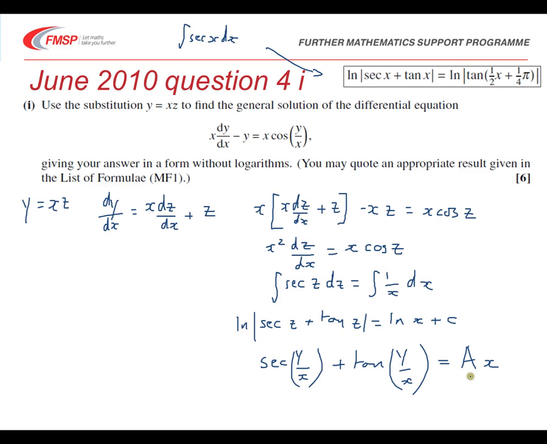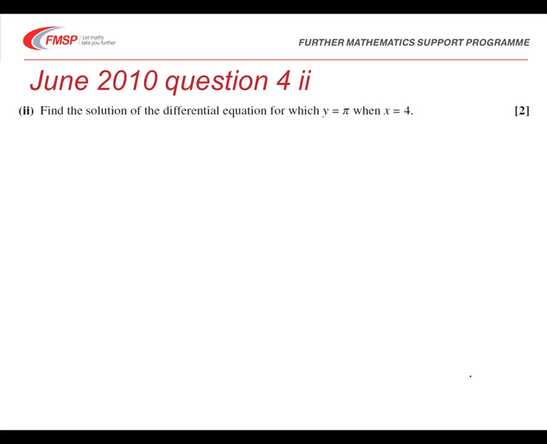So that's the first part of the question. In the second part, we're asked to find the solution to the differential equation for which y equals pi when x equals 4. So just to remind us what we had: sec y over x plus tan y over x was equal to ax.